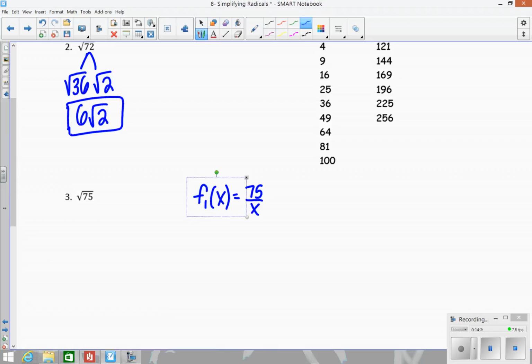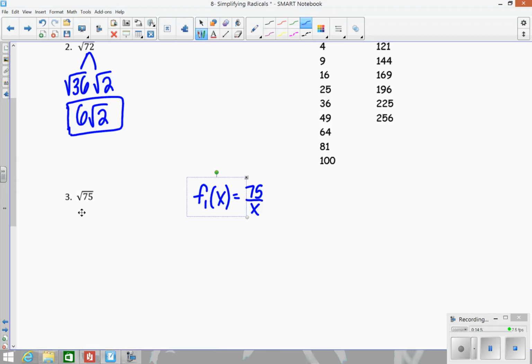Then I go through my list and look for which number is the largest perfect square. Again, I'm looking at only the whole numbers. We don't want any decimals here. So I'm just looking through my list and seeing which pair of numbers has the largest perfect square.